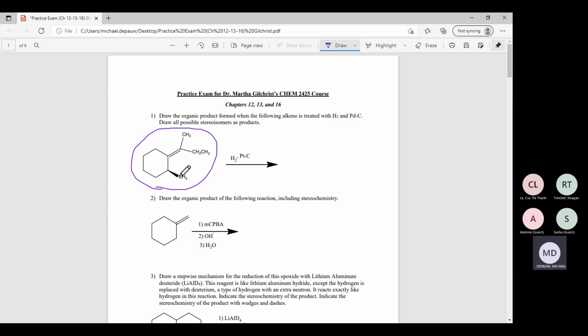Now let's assume that the two hydrogens plant themselves on top of this double bond that we're looking at from above. If they do, it's going to push this bond down, and this bond down, and this bond down.